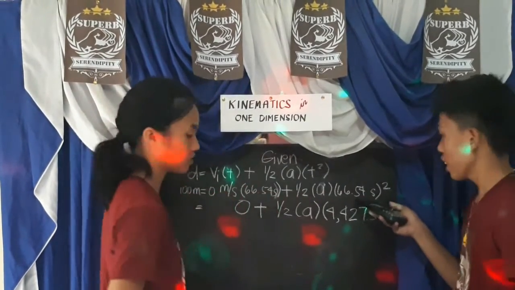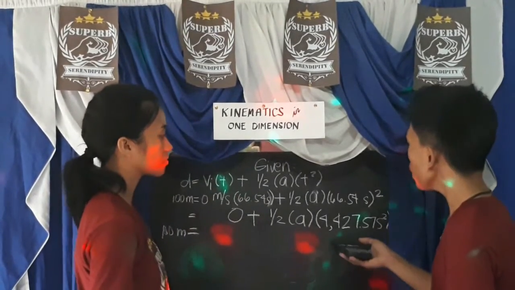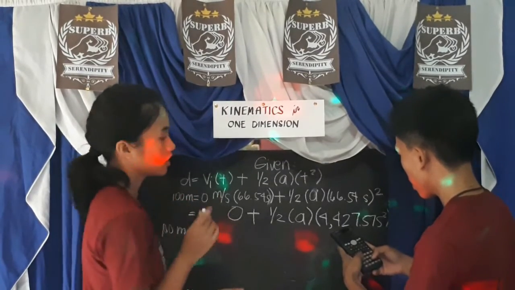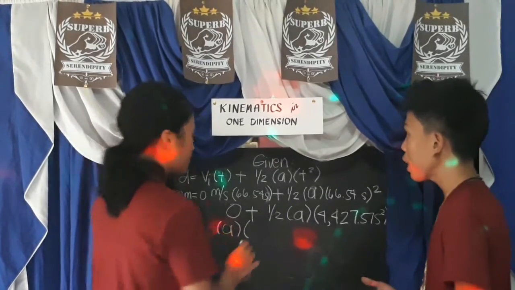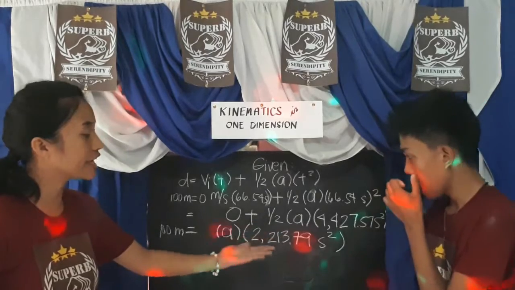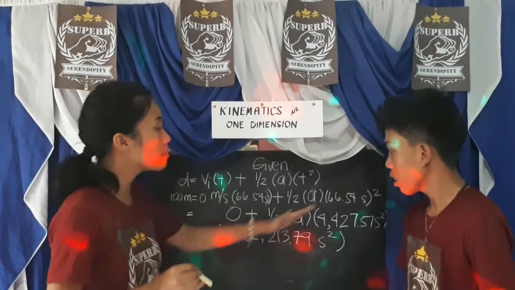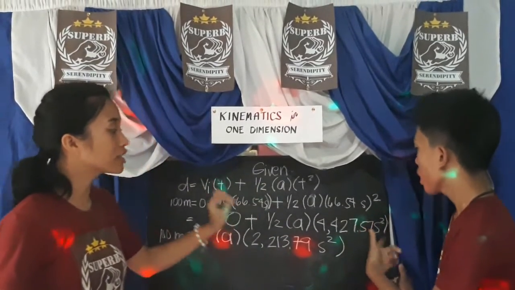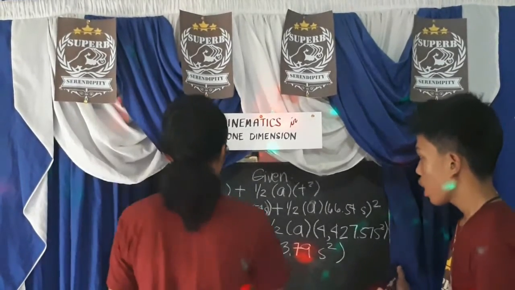Take note of the unit. Next is 1 half of 4,427.57 seconds squared, which would result in 2,213.79 seconds squared. So again, 2,213.79 seconds squared came from one half of 4,427.57 seconds squared.